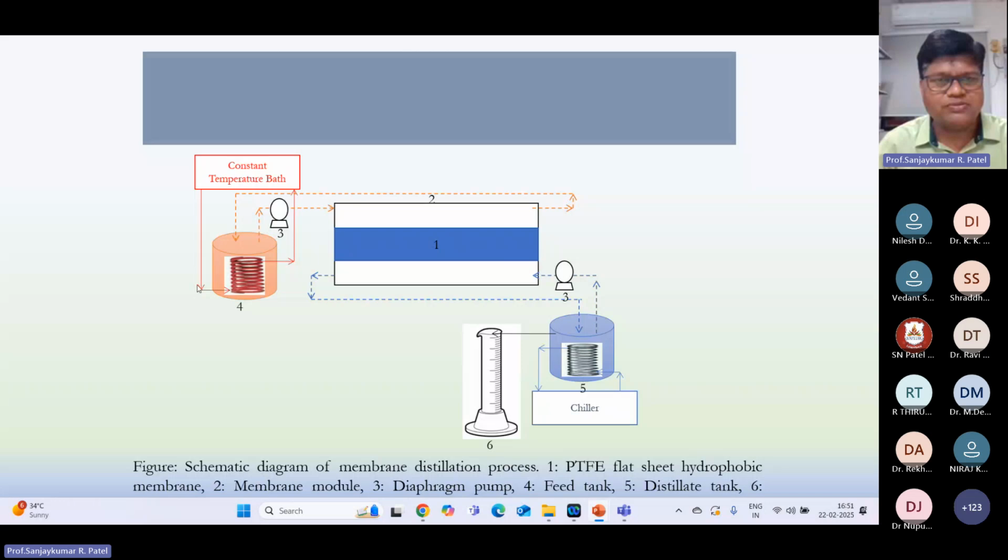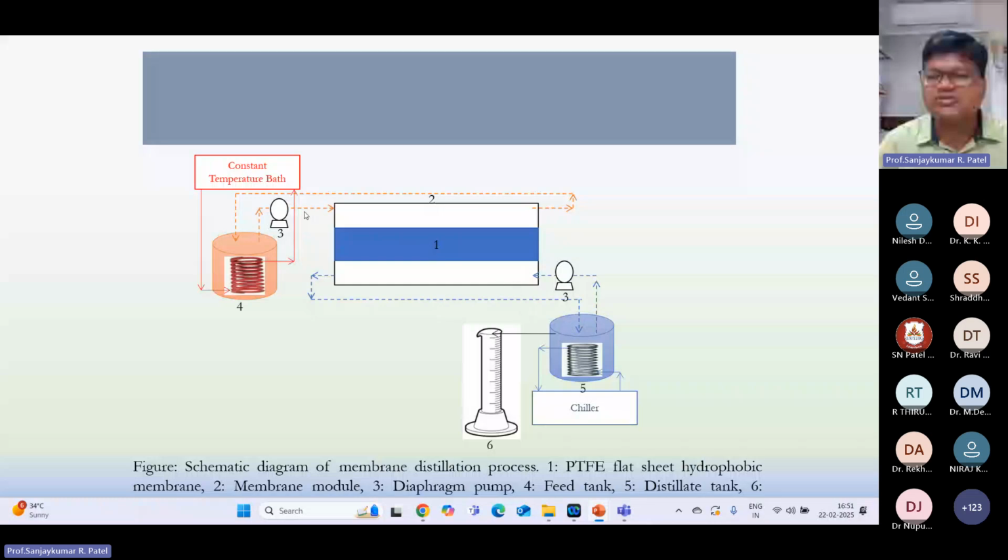The technology we used is membrane distillation. In membrane distillation, we use a hydrophobic membrane. On one side, the water vapor passes through this membrane, permeates through it, and is then cooled by the cooling medium.